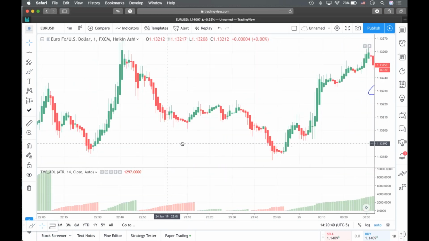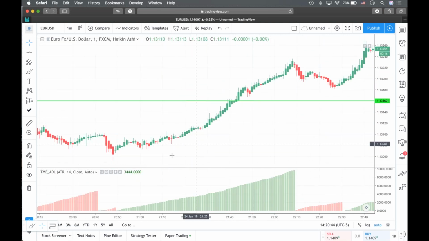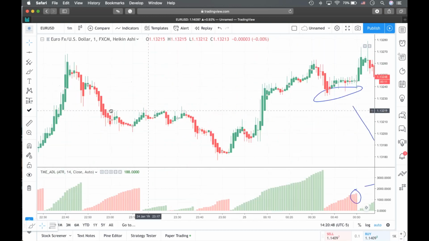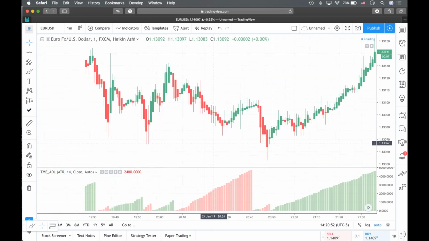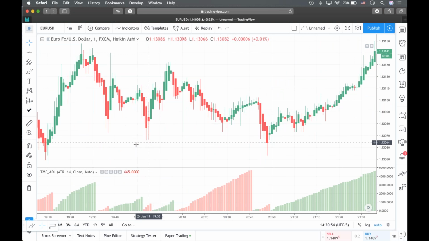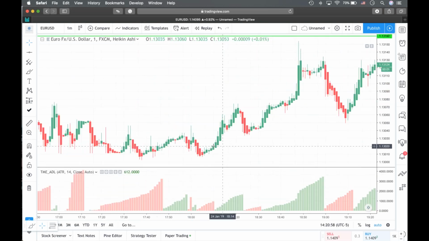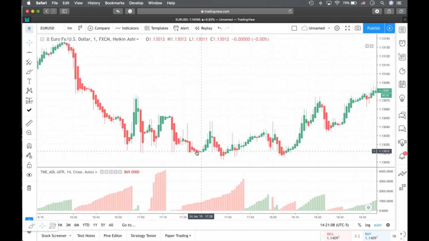Let's try to find another, maybe another sell or a buy. Something that is pretty clear and easy to follow, just for the sake of the example. Okay, yeah, I guess we can do that.